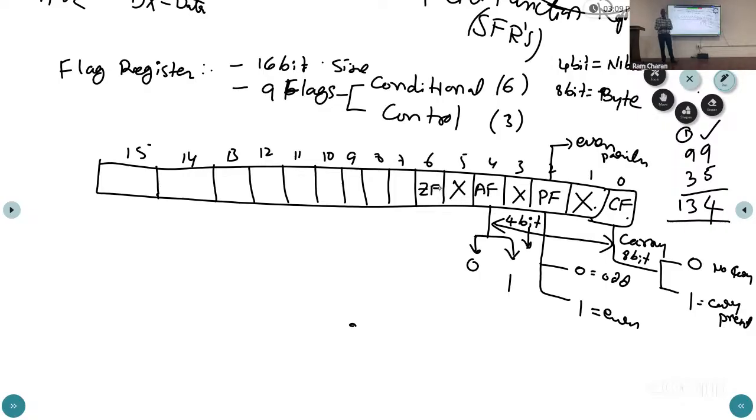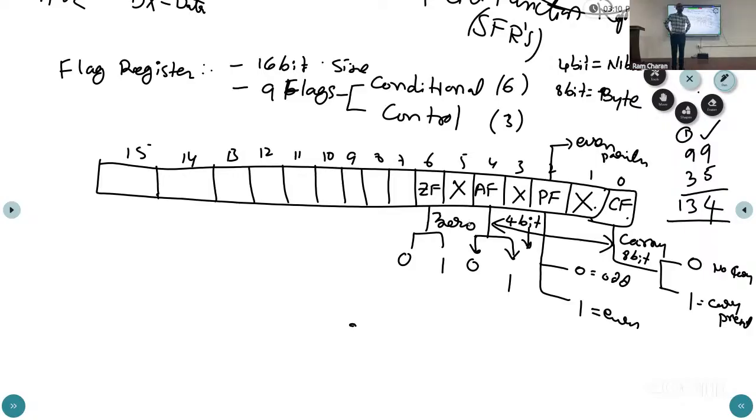Anybody can guess what is Z? Zero flag. Okay. So that 0 is zero flag. When will you get the 0? In case of additions, in case of multiplications, in case of divisions.